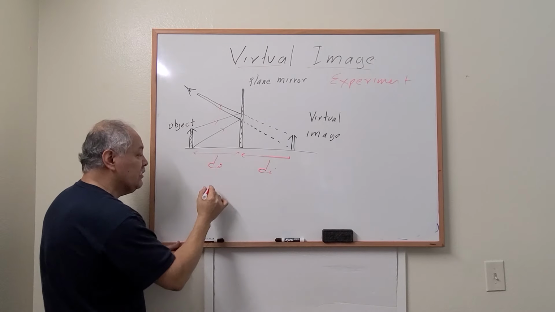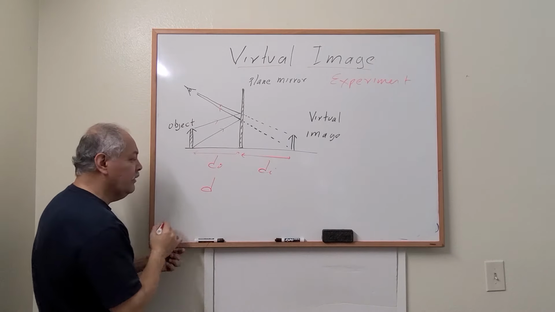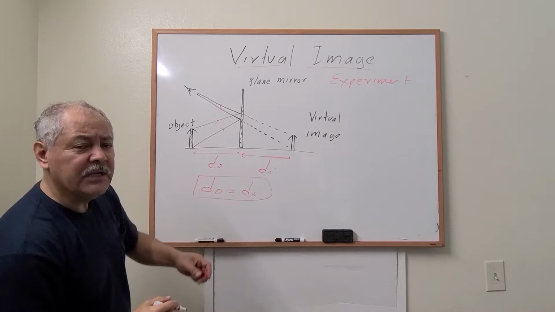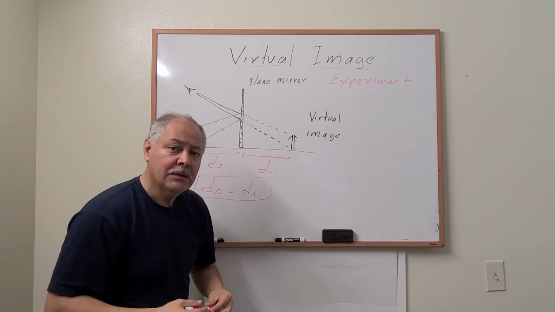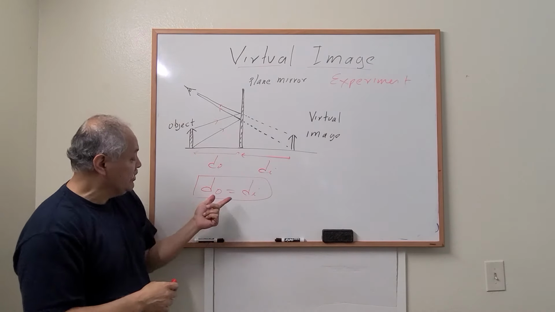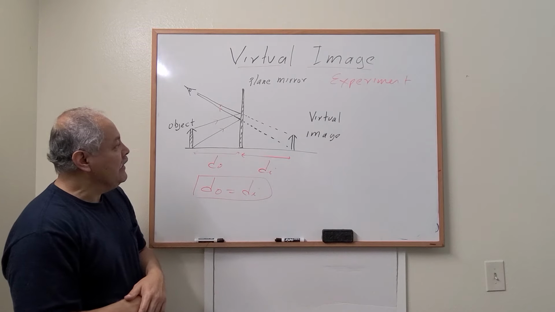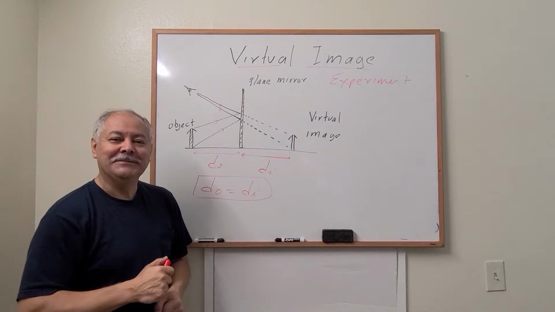Today, let's try to prove that dO is equal to di. This is for the case when we have a plane mirror. Let's try to see one more time that dO is equal to di, and let's do it in a second.